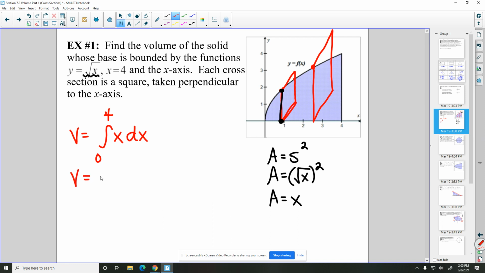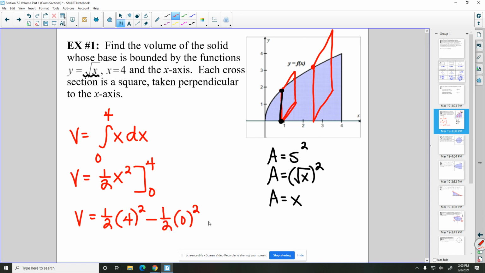So the antiderivative would be 1/2 x squared evaluated from 0 to 4. And we're going to plug in 4, plug in 0, though that won't really do anything. And then you're going to get an answer of, I think it would be 8. So the volume of the solid created by drawing squares would be 8 units.